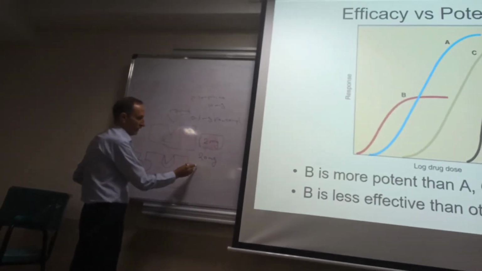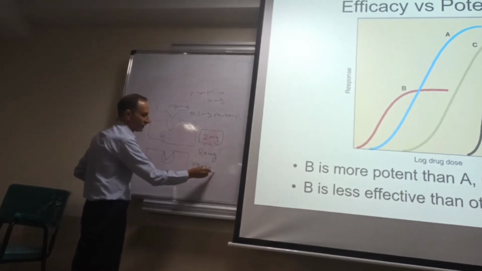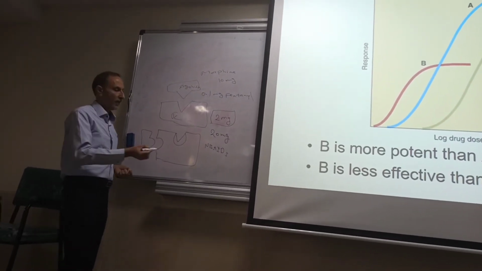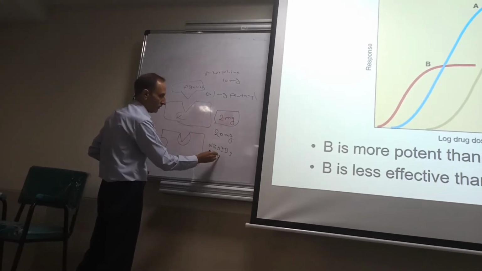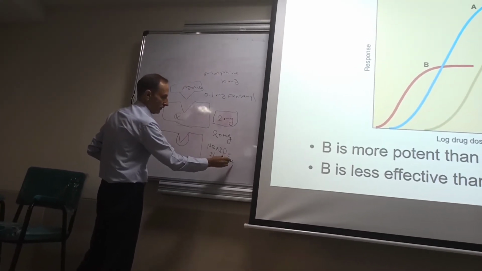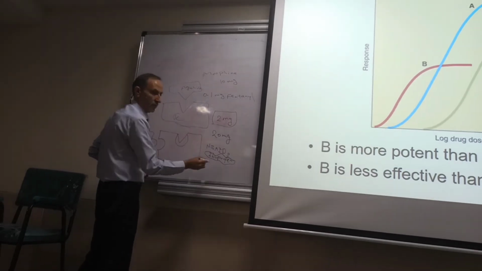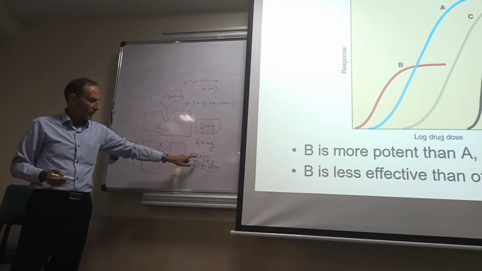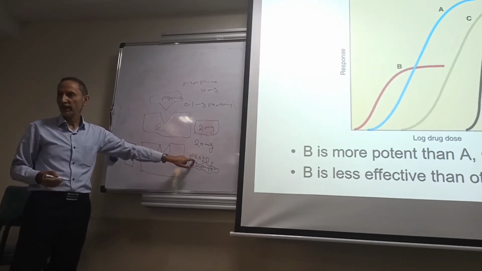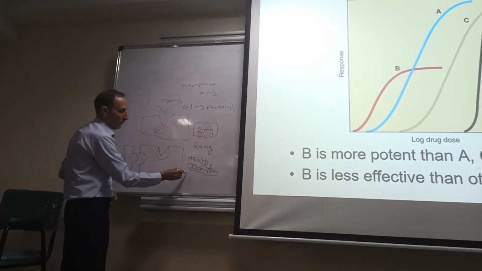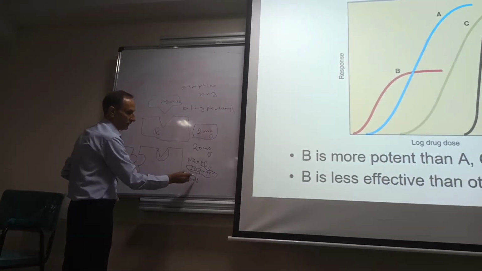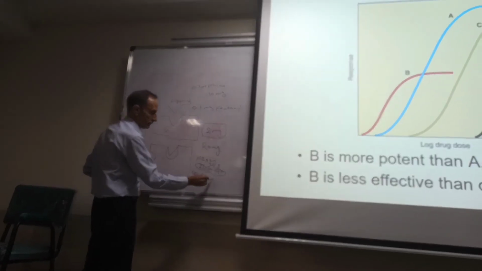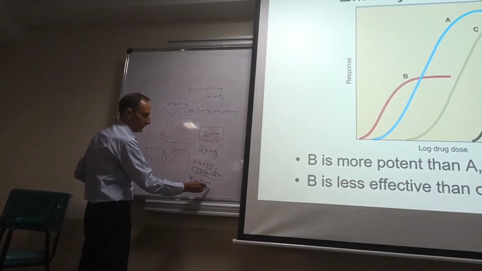So is it possible? We have a class of drugs called NSAIDs, like ibuprofen and aspirin. These drugs belong to NSAIDs. We also have opioids, like morphine.